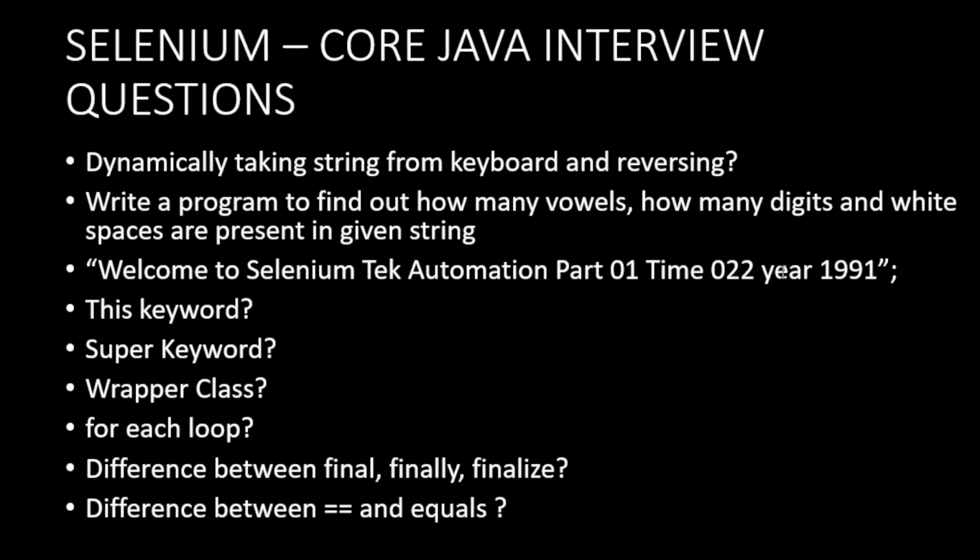So if I want to refer to the current class instance variable information, we are going to use this keyword. The scope of this keyword must and should always be the current class only. Then you can provide some small example. So that is about this keyword.